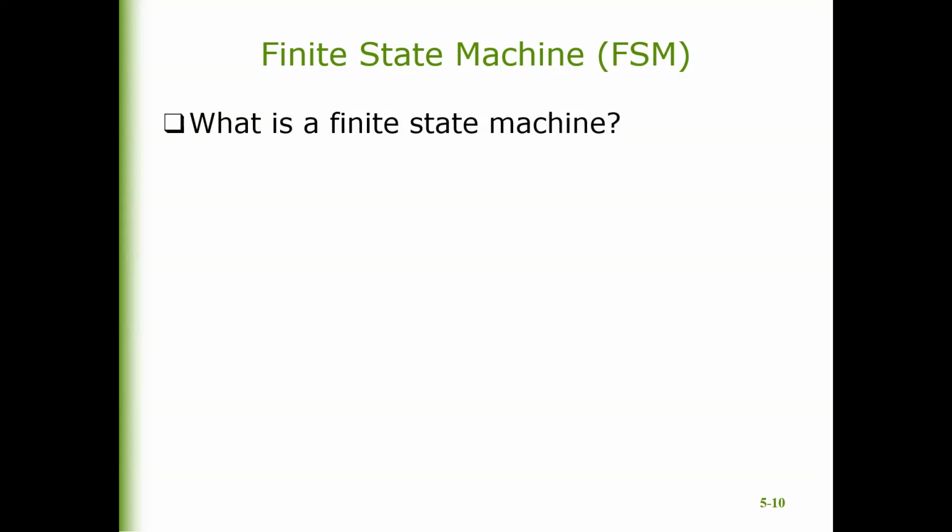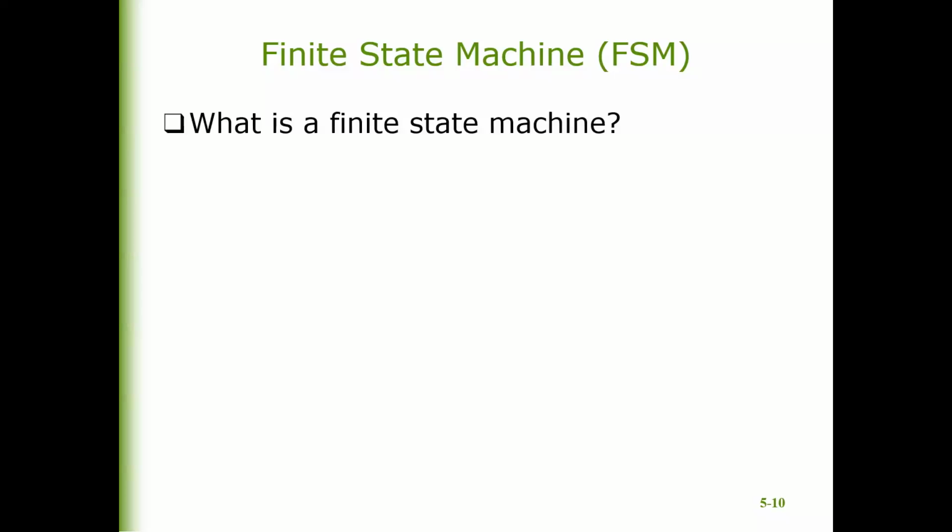What else? We have input, output, and states. If we have multiple states, our finite state machine will change between the states, right? So we have state transitions. And usually for state transitions, we have two ways to describe them.